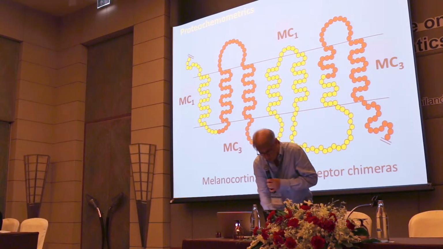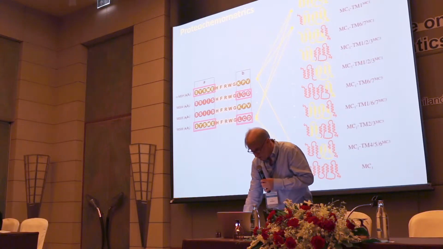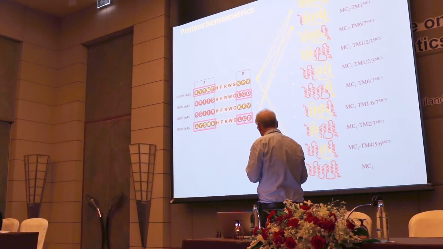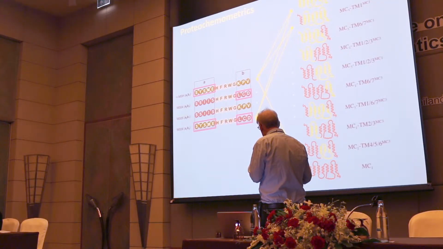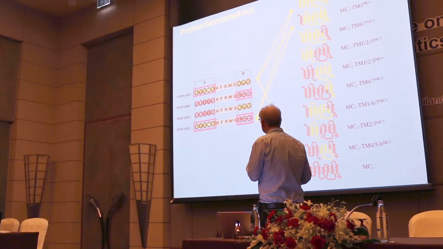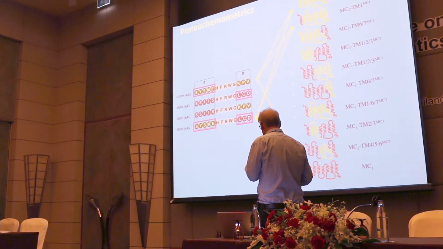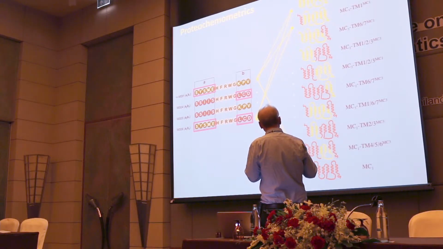And what we had done was also to construct small libraries of peptides that were actually the alpha MSH peptide, which is the natural one, and the MS05, which is the artificial variant that we had selected by phage display technology as a very selective one for the MC1 receptor.